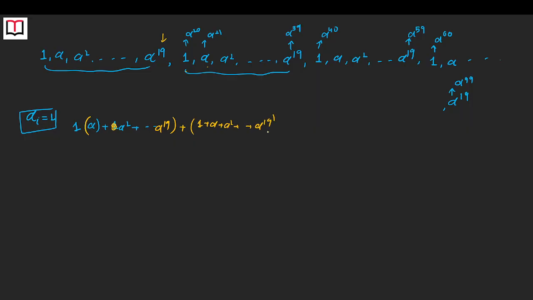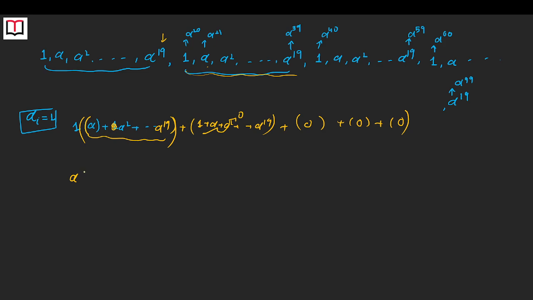But this is the sum of the 20th roots of unity. If you add them, you get 0. So similarly, this will be 0, this will be 0, this will be 0, these 4 sets will give you 0. And what are we left with? Only this thing.